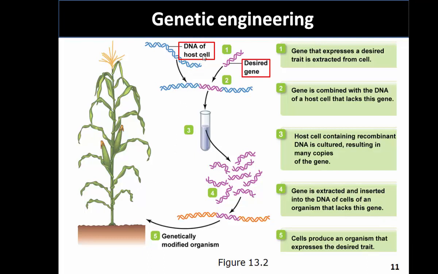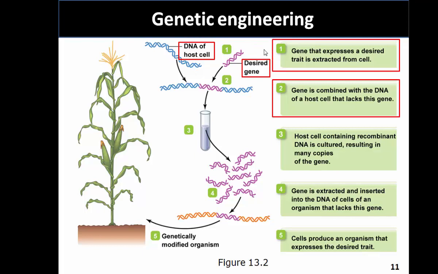To do this, the DNA of the host cell, corn, will include an inserted gene from another desired organism. That gene is extracted from a cell and combined with the existing DNA of the host cell, which in this case is corn.